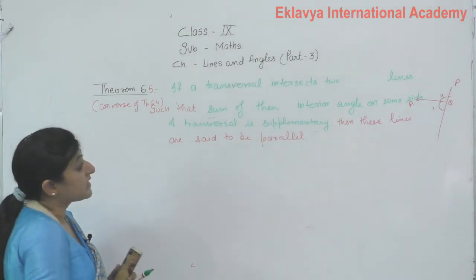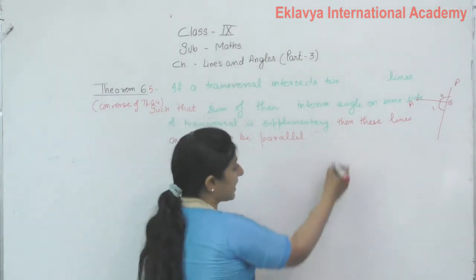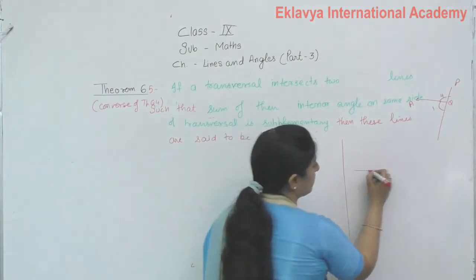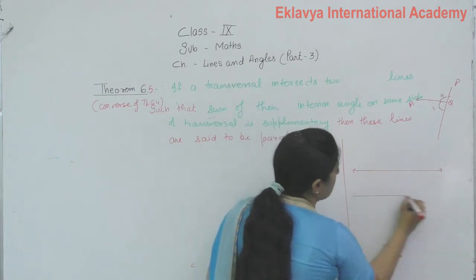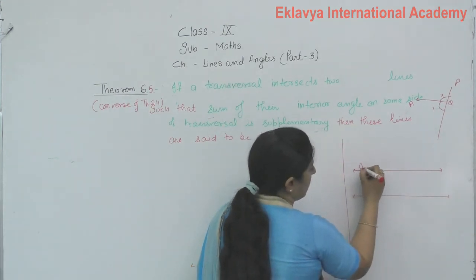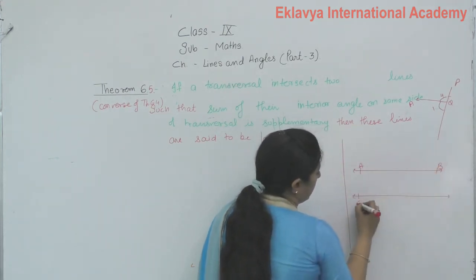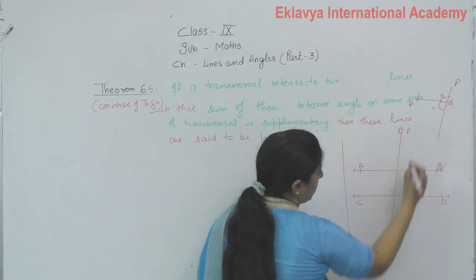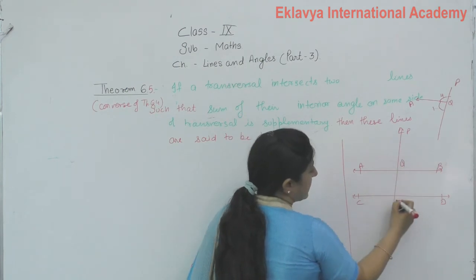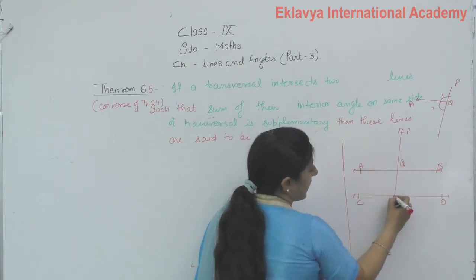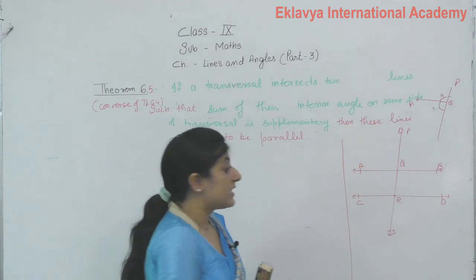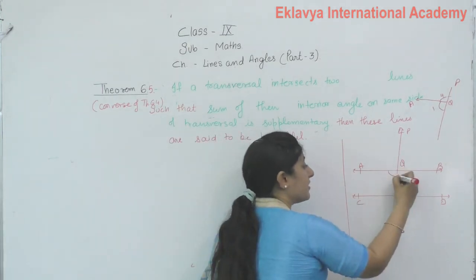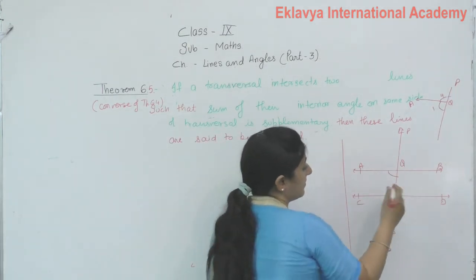If a transversal intersects two lines, same type of diagram, we take two lines AB, CD, transversal PS, intersecting at Q and R, such that the sum of these angles.